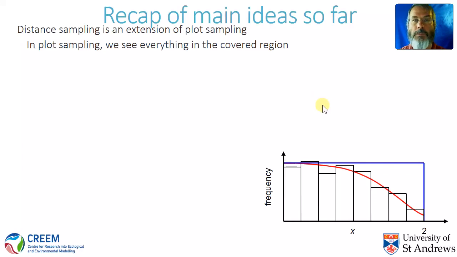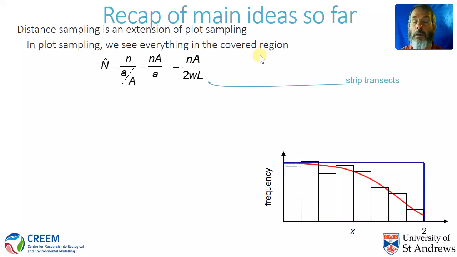So, just about at the end of any mathematics that you'll need to know, I wanted to remind you that you'll be collecting data compatible with distance sampling methodology. Distance sampling methodology grew out of, or is an extension of, plot sampling, where in plot sampling, everything inside the covered region is detected with certainty, whereas with distance sampling, we no longer assume that we see everything.